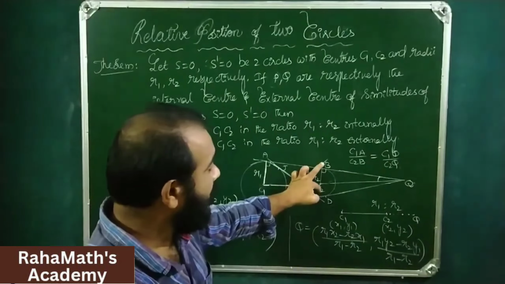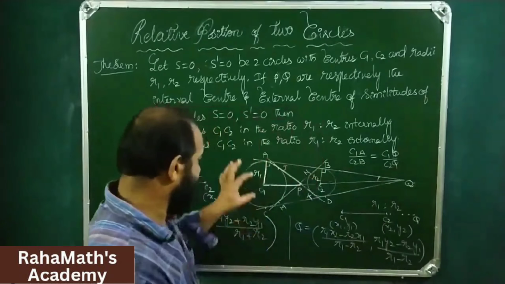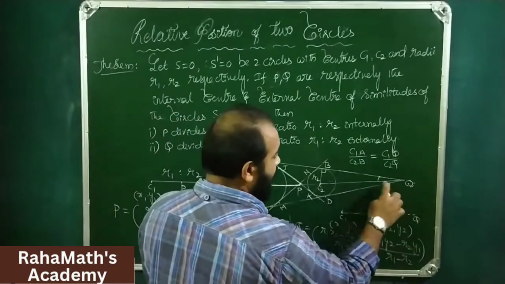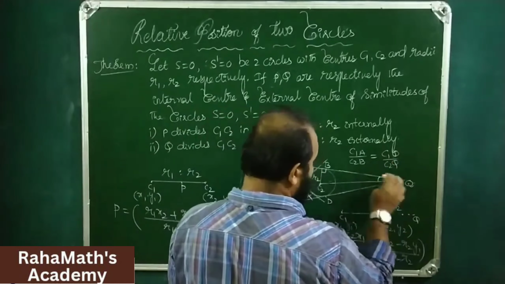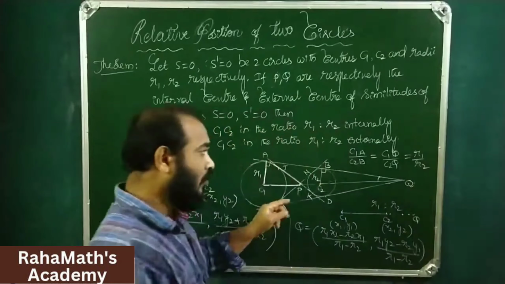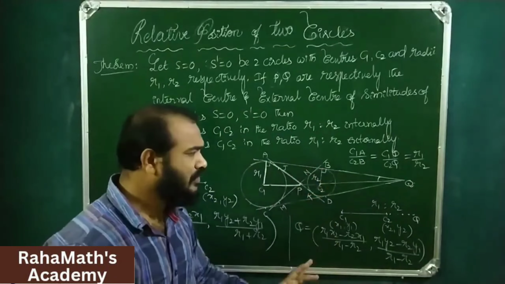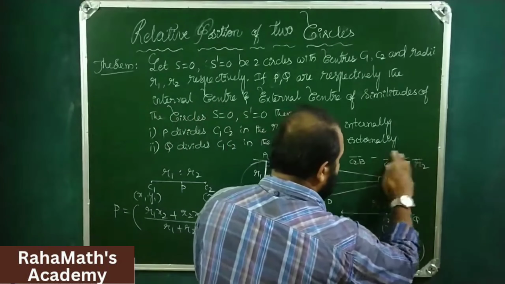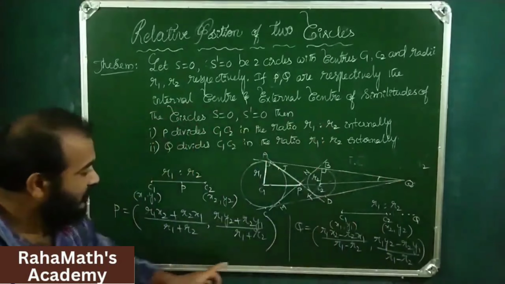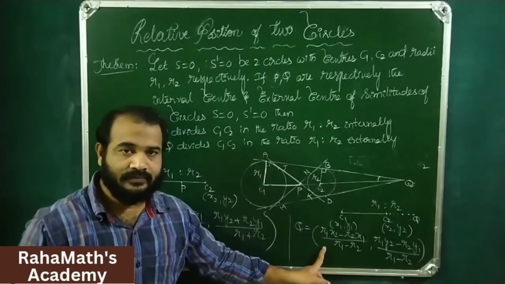What is C2B? R2. So C1Q by C2Q is equal to R1 by R2. Similarly, transverse common tangents we can also discuss, which is not important. So these are the two results that we have to bear in mind while solving our problems.